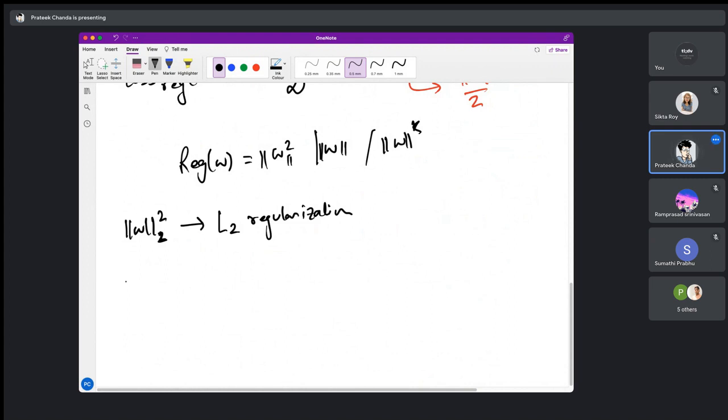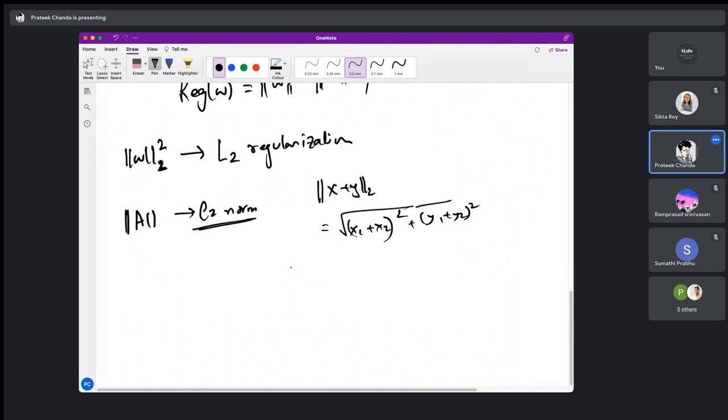That means you define this norm in the Euclidean space, or the L2 space. For example, with x plus y, this basically means x1 plus x2 all squared plus y1 and so on, like the distance metric in the Euclidean distance setting.